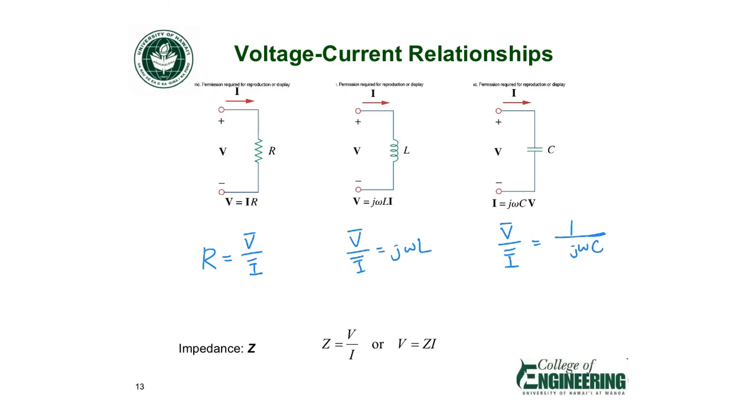So instead of V equals IR, it's V equals IZ. Because this term represents Z in this equation, this term represents Z in this equation, and this term represents Z in the third equation. And if I say Z is going to be any of those values depending upon the circuit element, that gives me Ohm's law using impedance, which is V equals IZ.